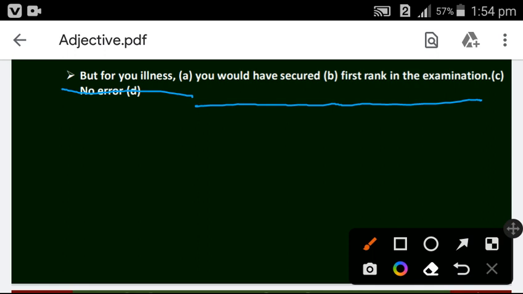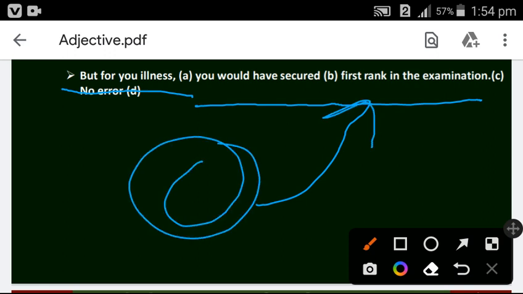I found an error, and the error is going to be in portion C. C is going to be the correct answer. Then the question is raised: how?